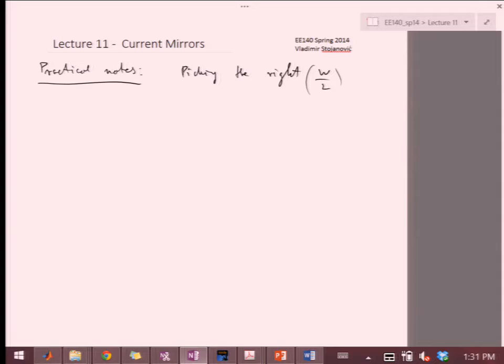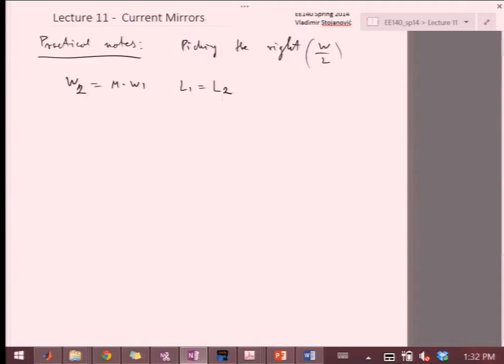So I guess one scenario is to say that, okay, well, W2 will be some M times W1, and I keep L1 equals L2, right? Is that a good suggestion? Do you want to avoid channel length modulation? I think the point here is that the channel is being affected by things, for example, like XD, which is the depletion.